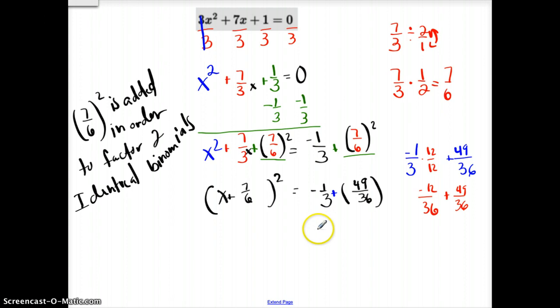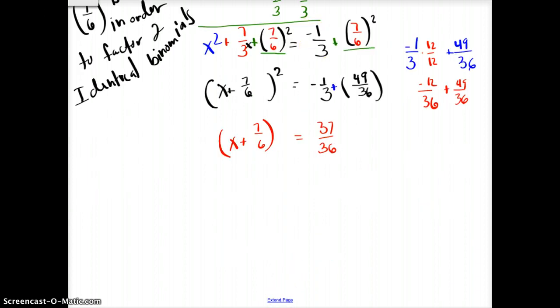So I should have 37 over 36 is equal to x plus 7 over 6 squared. I'll square root one side, I'll square root the other. This side is squared. I'll square root this side, and lucky for me, they're opposites, they go away. x plus 7 over 6 equals the square root of 37 over 36. Okay, now this is not looking pretty.